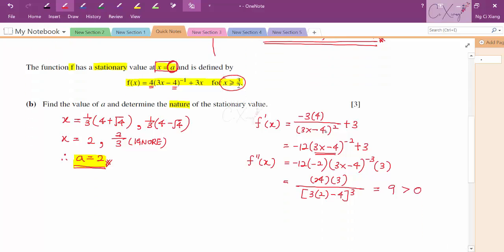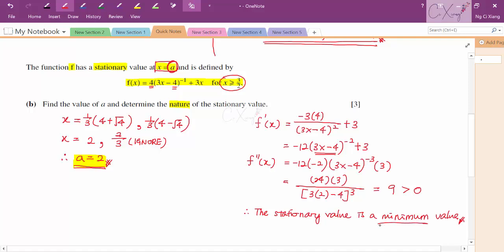When the second derivative value is greater than 0, it tells us that the stationary value is a minimum value. Please make sure that you make a complete conclusion. So the answer is a minimum value, as the second derivative is greater than 0.